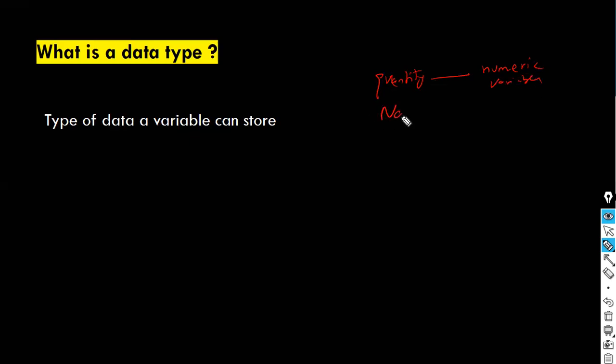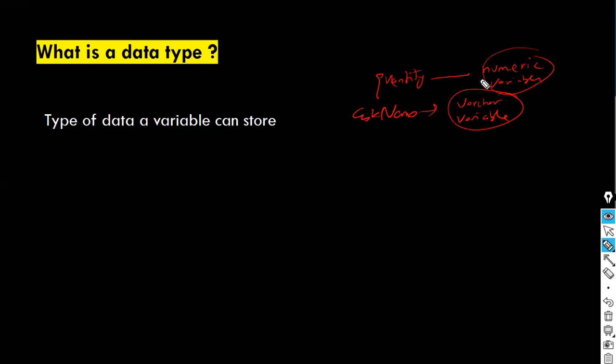If I say customer name, this is also a variable, but this is a varchar or character variable. Text data, right? Text variable. This is a numeric variable.